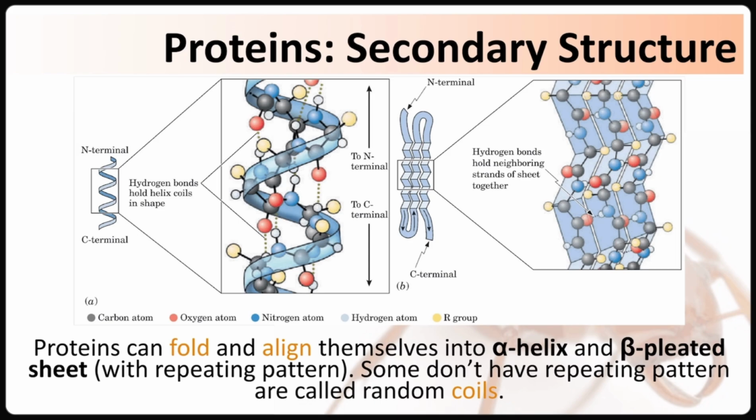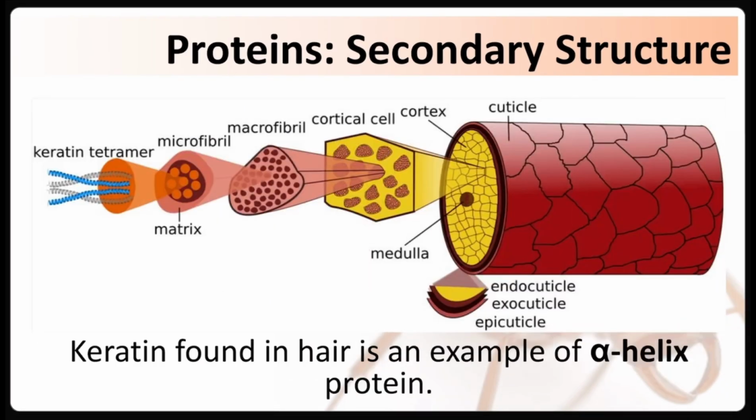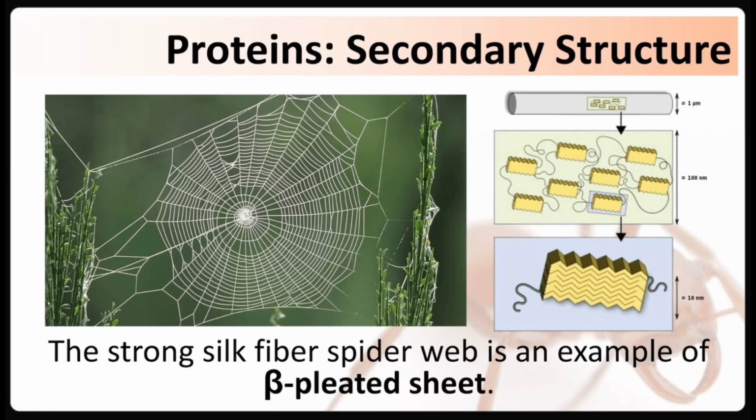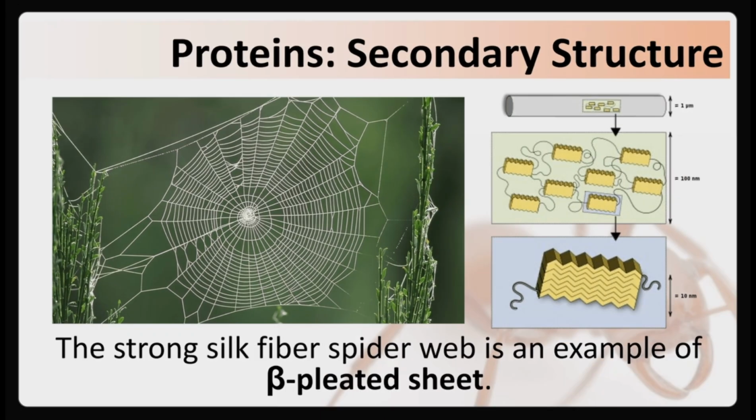Now, proteins can fold and align themselves into alpha helix and beta pleated sheet with repeating patterns, and some that don't have a repeating pattern are called random coils. Keratin found in hair is an example of an alpha helix protein. And the strong silk fiber of a spider web is an example of a beta pleated sheet, as you can see in its structure.